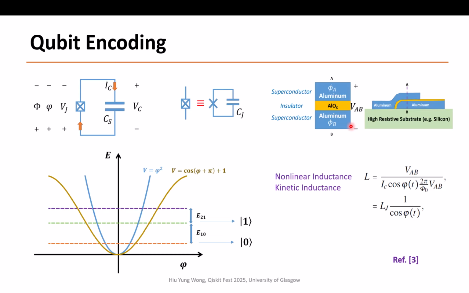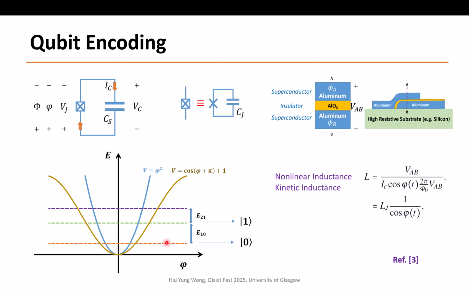Why is this so important? On the left, you see something that looks like an LC tank, inductor and capacitor. If you have not learned it, let's take it for granted. An LC tank is just like an oscillator, like a simple harmonic oscillator, so it will store energy. But we replace the inductor with a Josephson junction, which has a non-linear inductance.